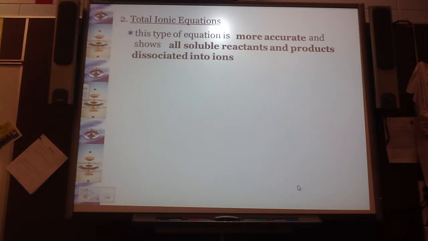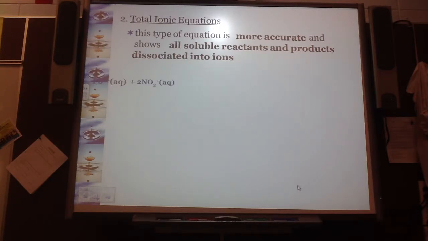So how do we write out a total ionic equation? Well, just as I said, that's Pb 2+ there, aqueous. Sorry, the background there doesn't show it. Okay, so now I've broken it down, and there's my nitrate.